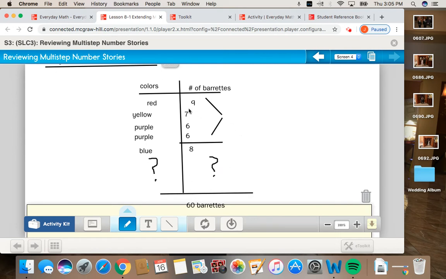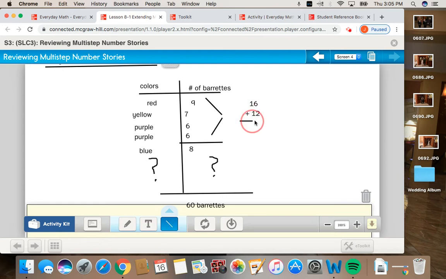So let's see, how much do we have here already? I'm just going to group these two numbers together. I know 9 plus 7 is 16. And I know 6 plus 6, one of my doubles, is 12.